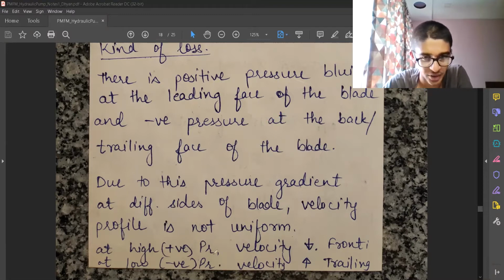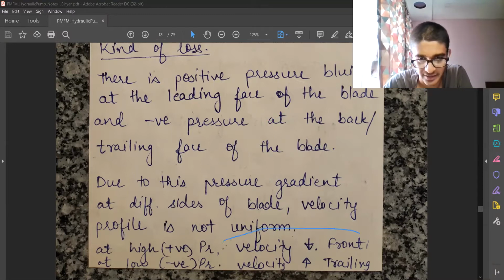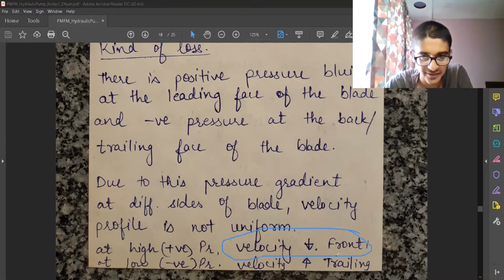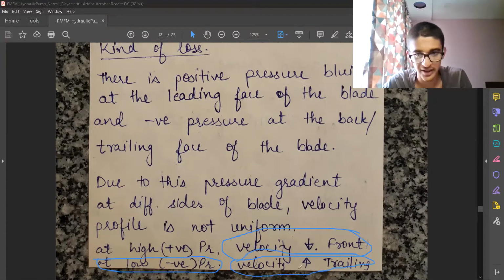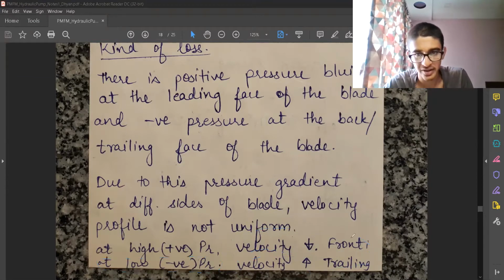So at high, positive pressure, velocity decreases. As the pressure is increasing, the velocity decreases because of Bernoulli. And on the side where we had negative pressure, lower than atmospheric, the velocity is going to increase. That is, on the trailing side, we have higher velocity. On the front or the leading face, we have low velocity.